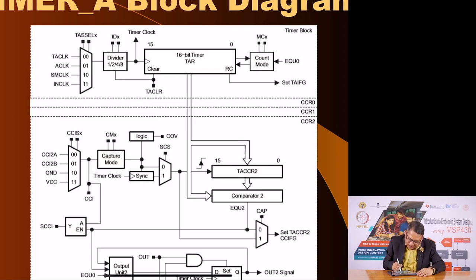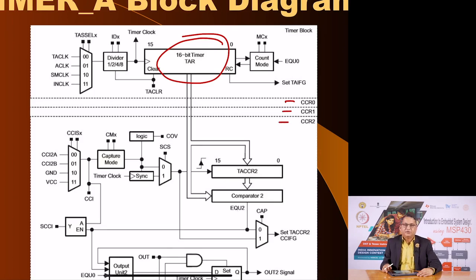So, here is the 16-bit timer. This is called TAR, that means timer register, and then you have 3 compare capture channels. They are called CCR0, capture compare register 0, capture compare register 1, and capture compare register 2. So, with one timer you have 3 channels of capture and compare features.